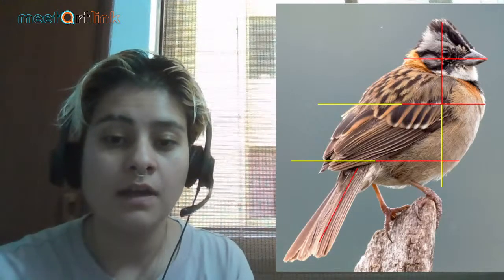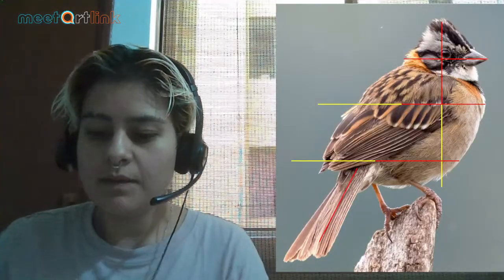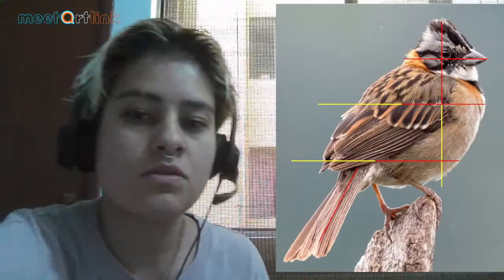That's the impression this picture gives me. Then when I place it here, I see that the width of the head is almost as long as the tail; the tail is just a little bit longer. This helps us understand the proportions of the animal.